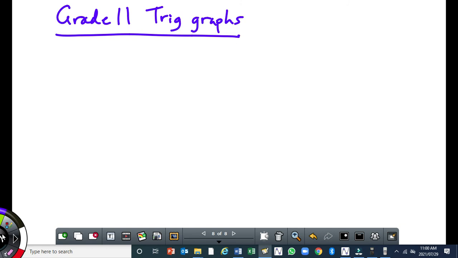First, I'm going to start with what is called change in period. We'll start with a case where the period is going to change. So I'll say effects. Let me write this as the general equation.